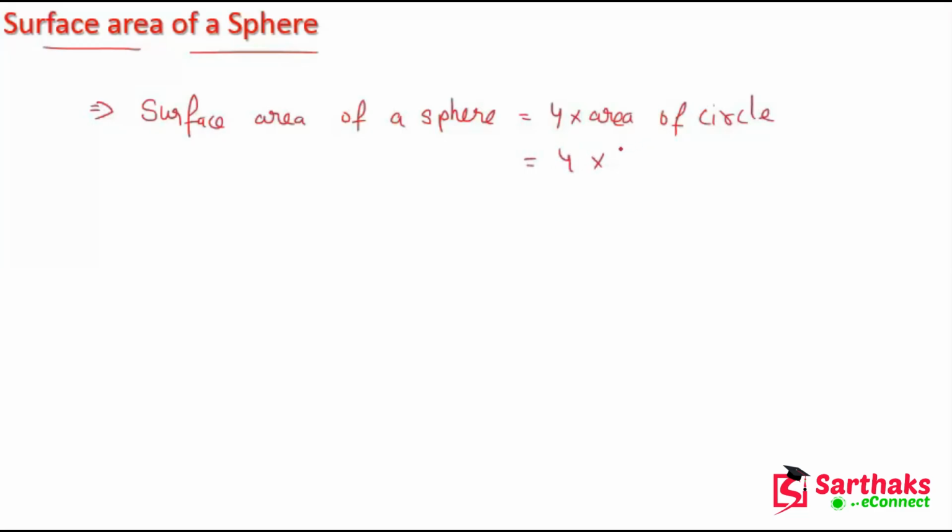We know that the area of a circle is pi r square, so this becomes 4 pi r square.